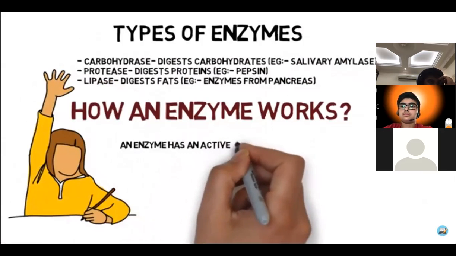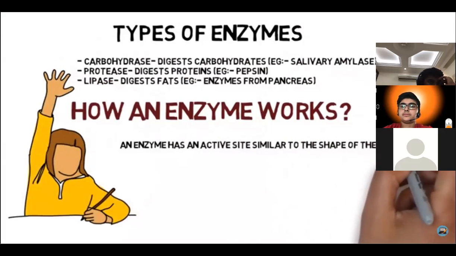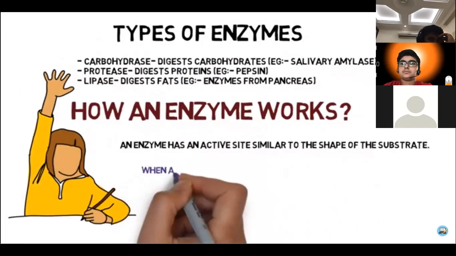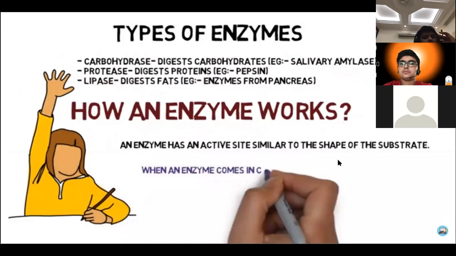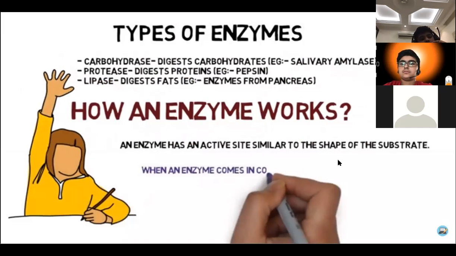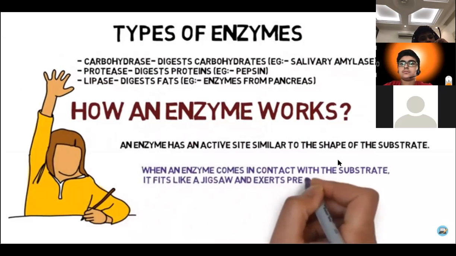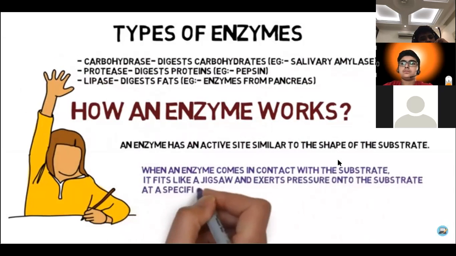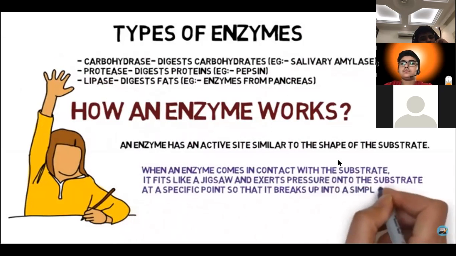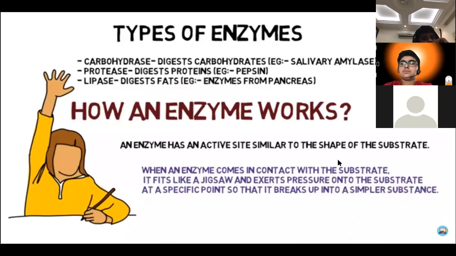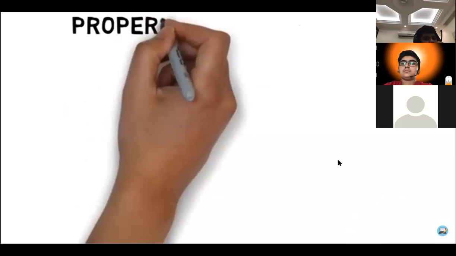How an enzyme works. An enzyme has an active site similar to the shape of the substrate. When the enzyme comes into contact with the substrate, it fits like a jigsaw and exerts pressure onto the substrate at a specific point so that it breaks up into a simpler substance. The properties of enzymes.